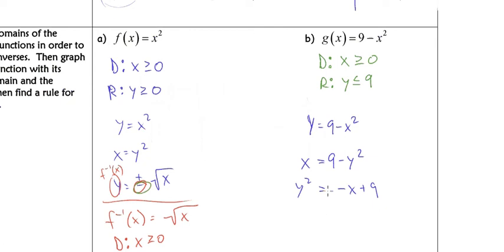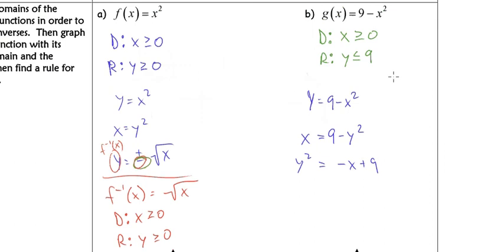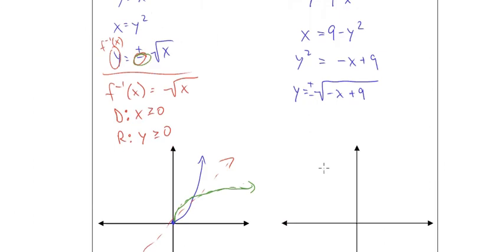From here, we're going to take the square root of both sides, and we'll get y equals plus or minus the square root of negative x plus 9. And as we continue on, we don't need that negative portion here.